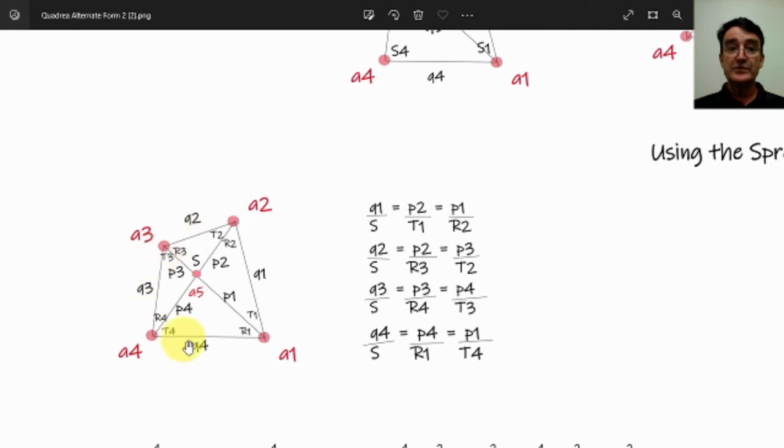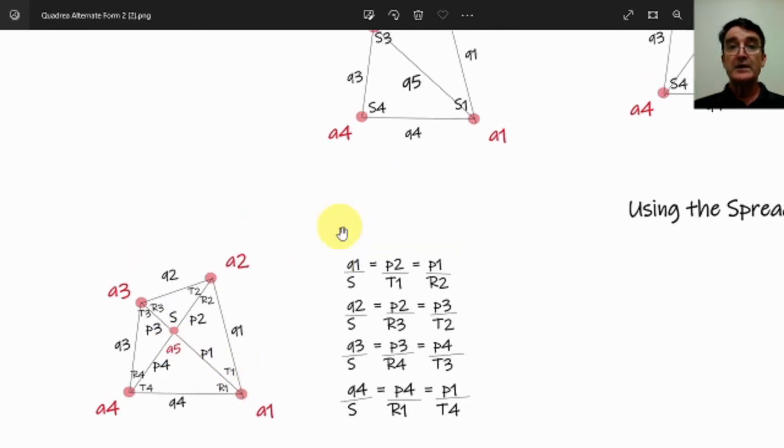But with this triangulation here, the quadria of this projective triangle A1, A2, A3 is also Q5, which is the quadrance of the chord between A1 and A3, times S times P2. So that's another formula for the quadria of this projective triangle A1, A2, A3. It's Q5 times the spread S times this quadrance P2.